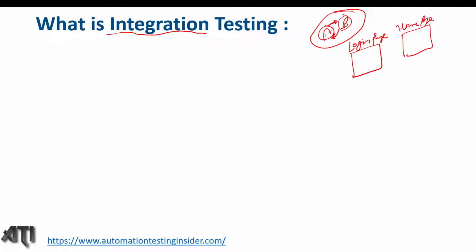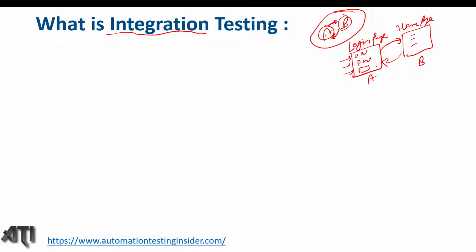So this is module A and this is module B. Now when we log in to this application, we have username and password and then a submit button. So once we enter username, password and then click on the submit button, then we'll navigate to the home page. And this depends on this, we won't land on the home page if we don't provide the username and password and click on the submit button.